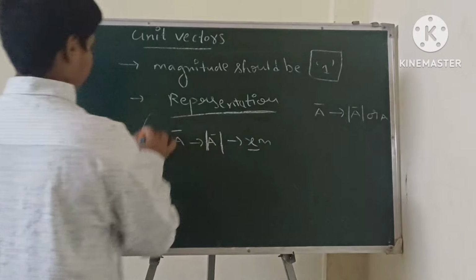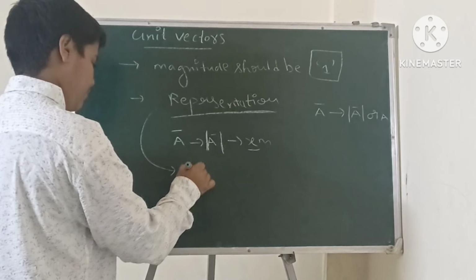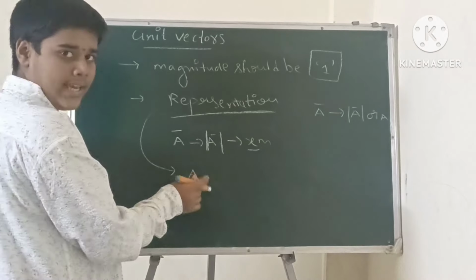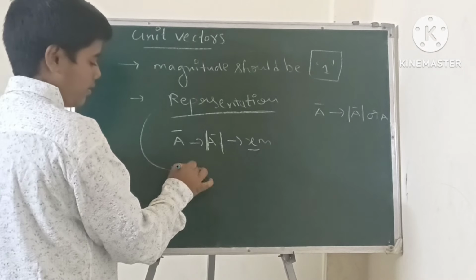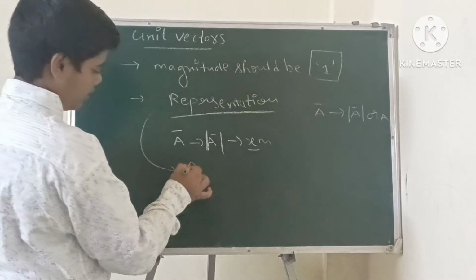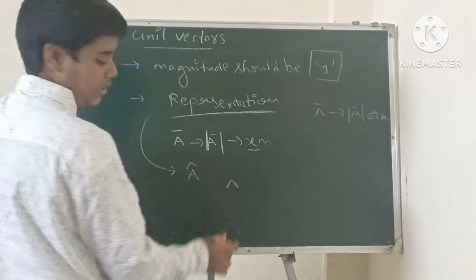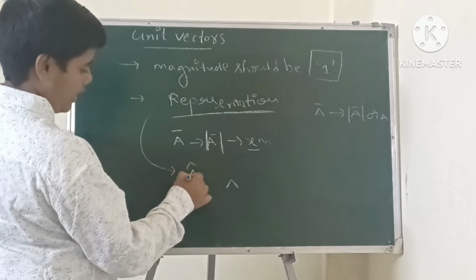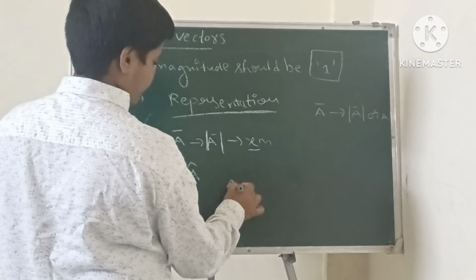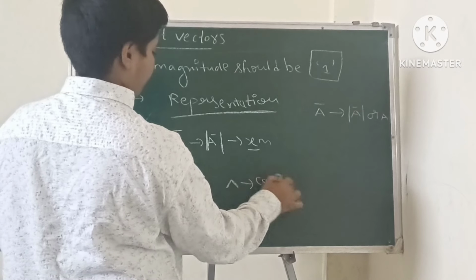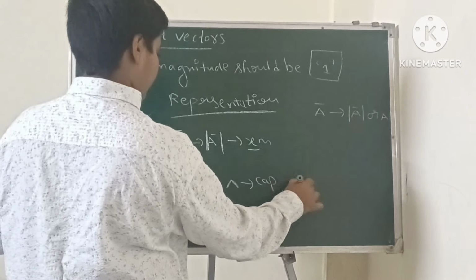In representation, suppose A is a vector, so the unit vector of A is A cap. This is the symbol we have to put on top of the letter. It is called cap or hat.